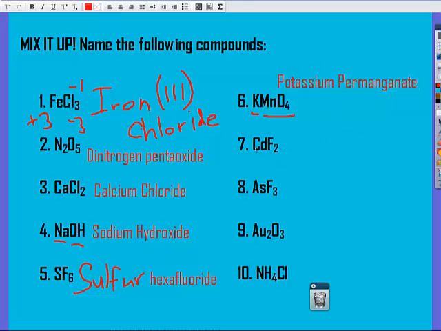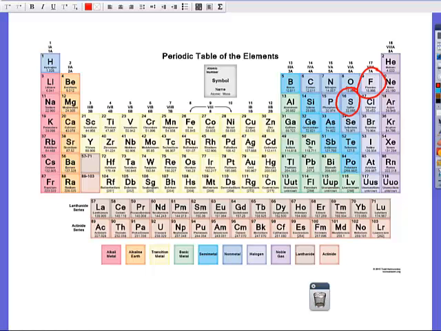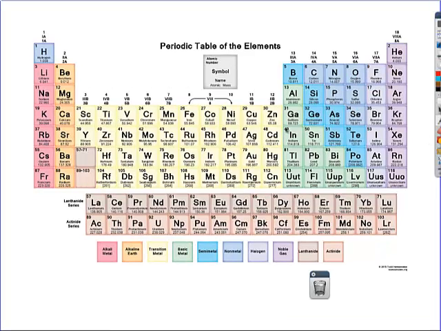Next one, CdF2. Let's find both of these. Here we go. Here is Cd, here's F. Now they are not in the same section, so we're not going to use tri, di, all that other stuff. But it is a transition metal. Now remember, you have to use Roman numerals, but I know the charge of Cd.